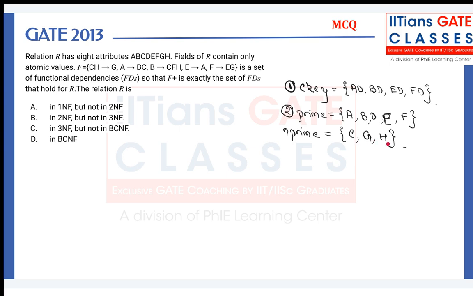Okay. This table is in 1NF. Is it in 2NF? Yes. How? There is no partial dependency, you are saying. Sure.